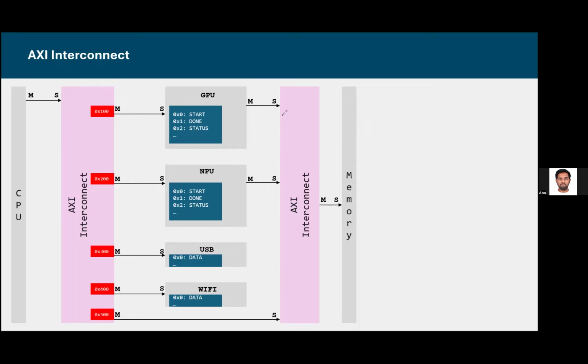The interconnect acts as a subordinate to all of them. It takes everybody's requests, lines them up and sends them to the memory, gets the data, keeps track of who asked what, and then gives the data to that particular manager. So that's what an interconnect does.